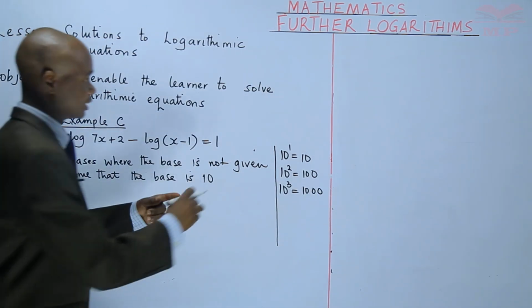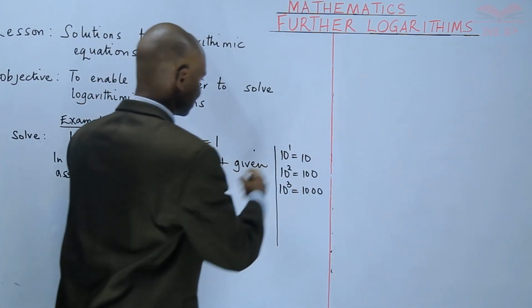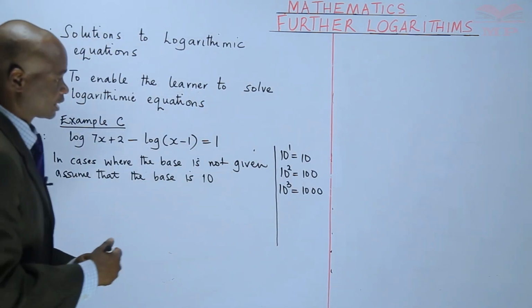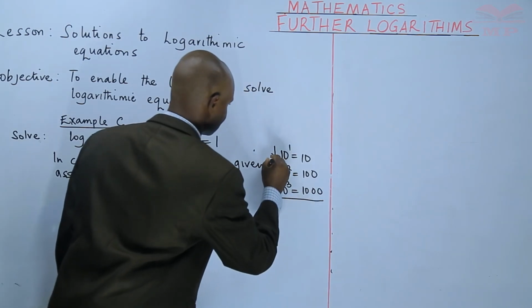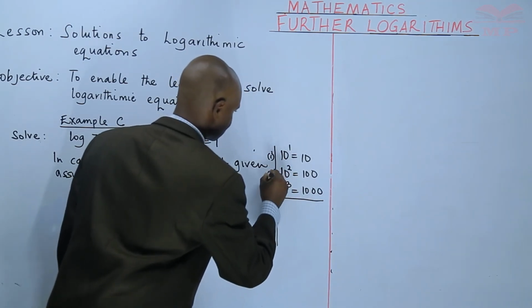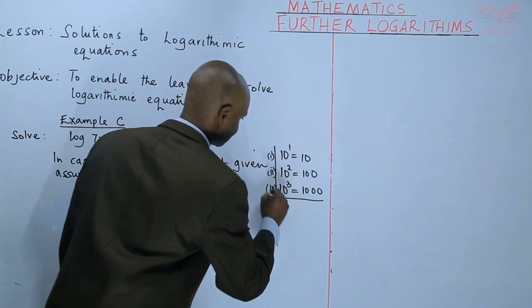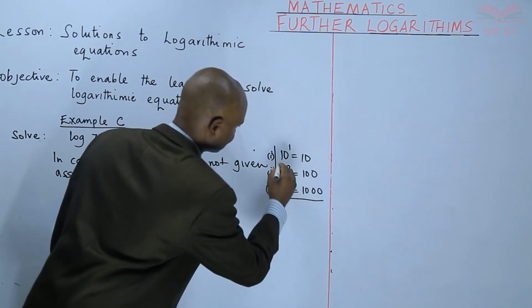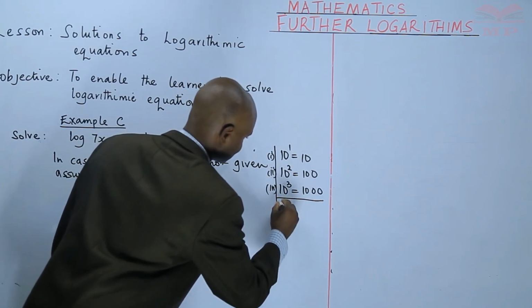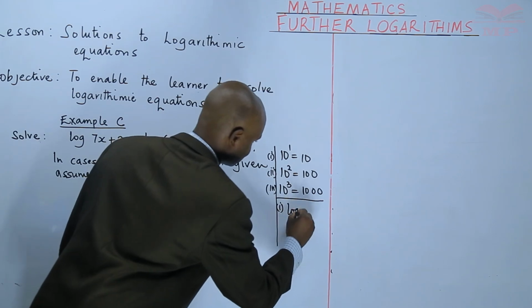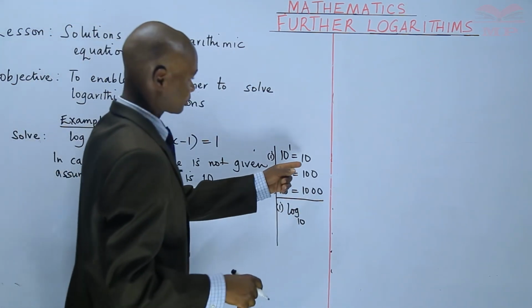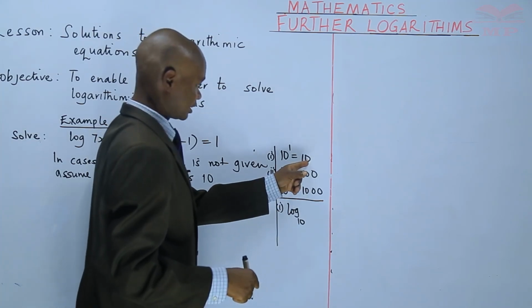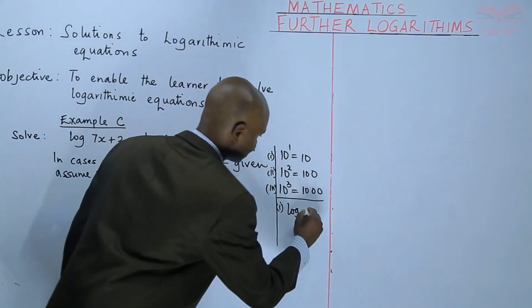But if I want to write in terms of base 10, I can write the first one, the second and the third.